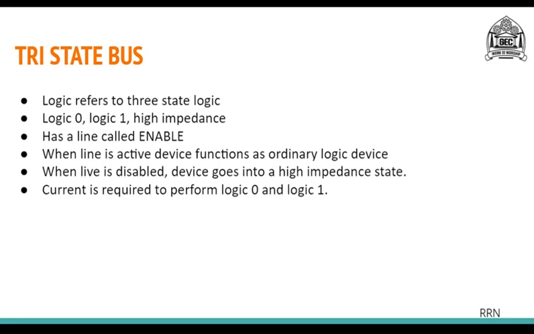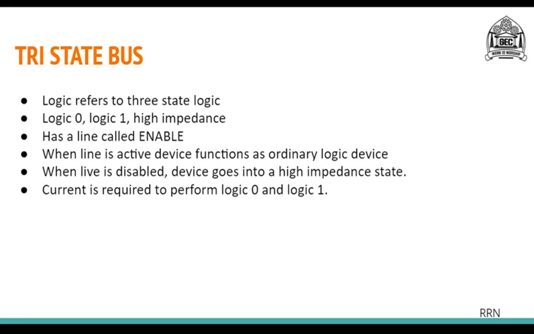And that third line is called an enable line. Whenever this line is activated, your device, that is your microprocessor, functions like an ordinary logic device, which will perform the input and output function. But when the third line, that is your enable line, is disabled, the logic device goes into high impedance state.